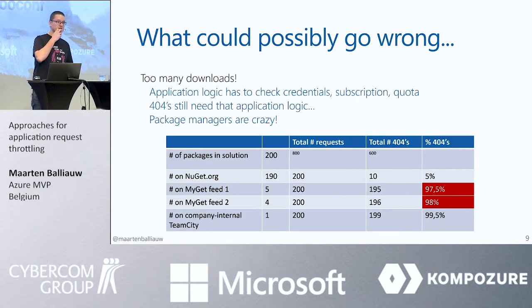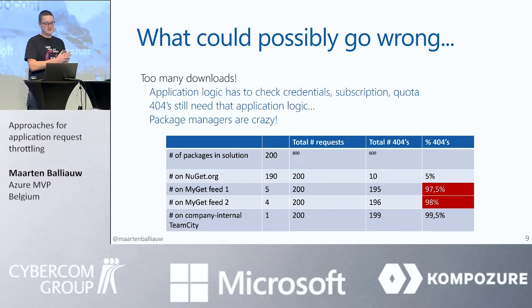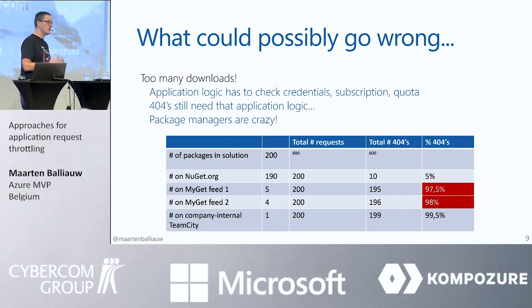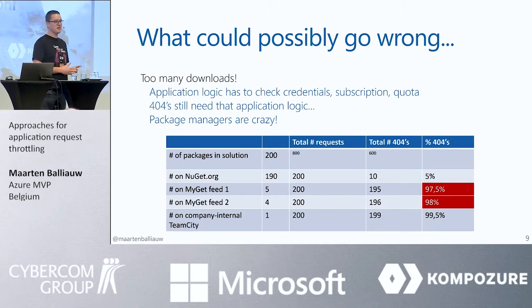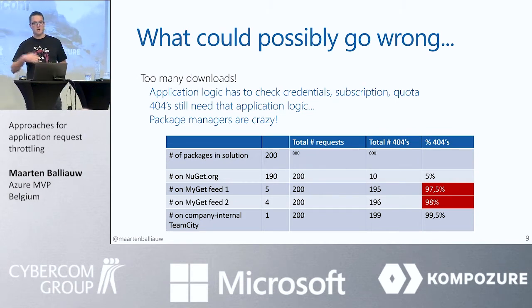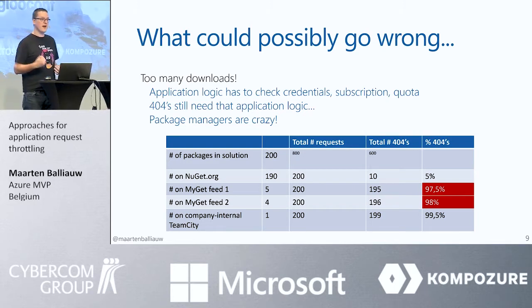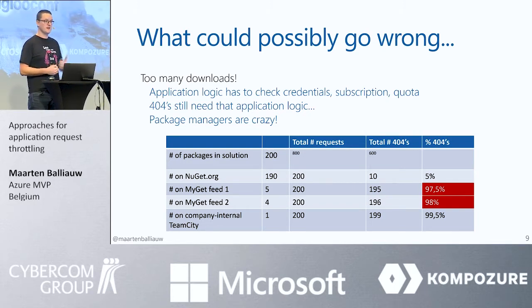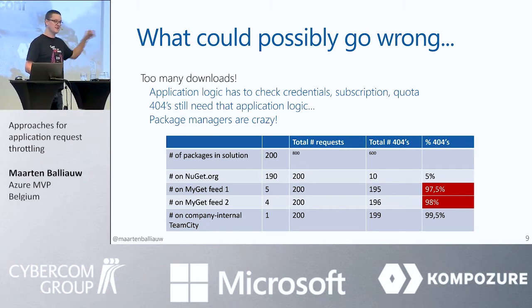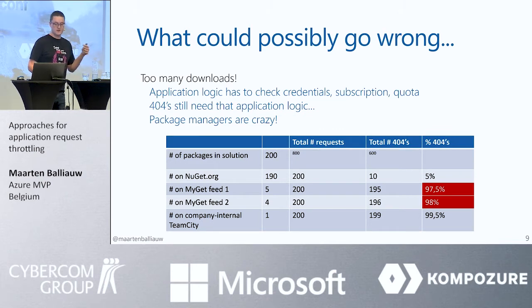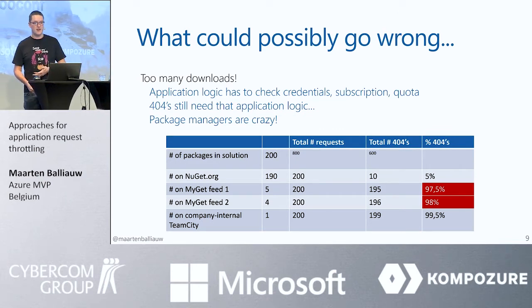Too many downloads are also one of the things that we sometimes experience. Package managers are notoriously bad at using HTTP. The reason is that most package managers just blindly fetch from all the upstream sources to get the packages in your solution. For example, if you're using NuGet and you're using MyGet to host two packages, we get a copy of all the requests that you are also sending to NuGet, resulting in a lot of 404s in our application.